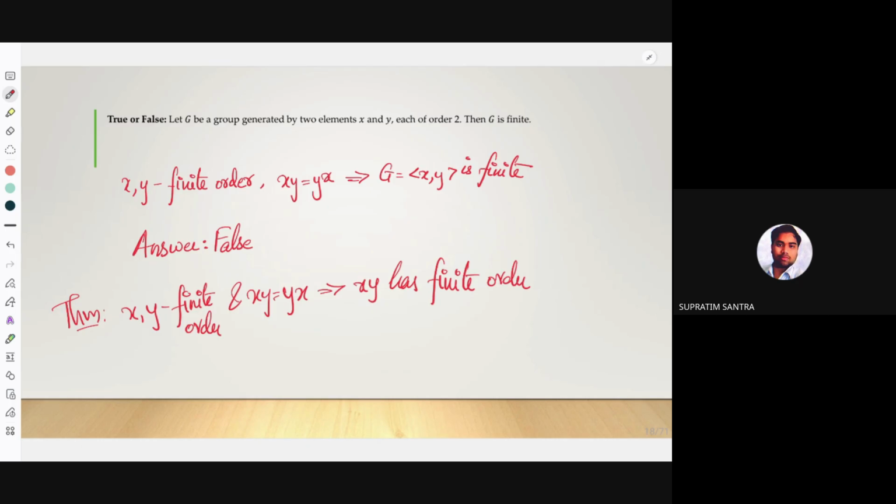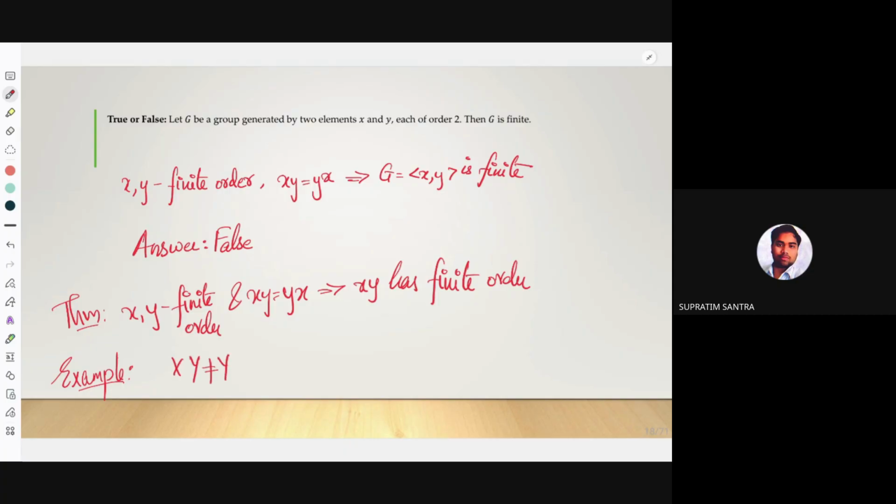So if they commute, then we know it has finite order. And right after this theorem, we are always given an example, because finding counterexamples on the spot during an exam is difficult. So if they commute, we know it has finite order.